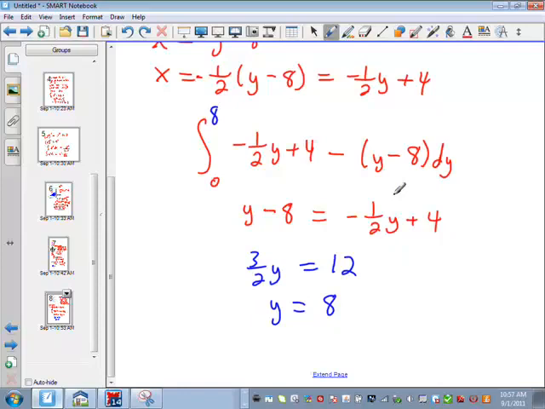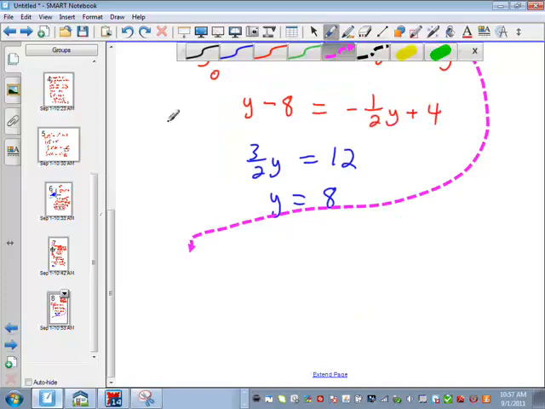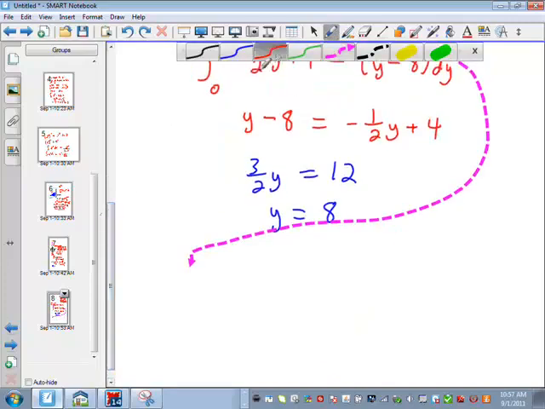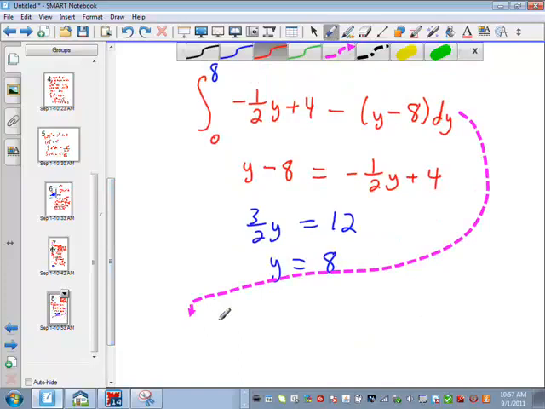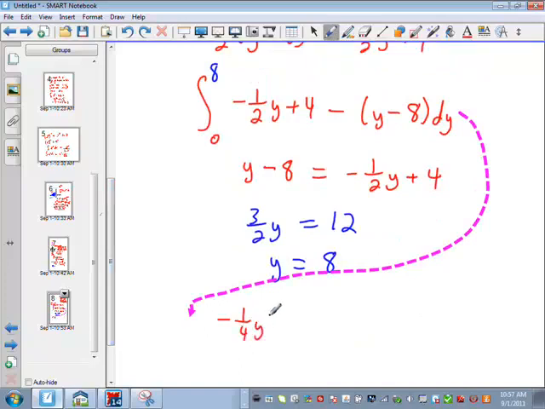And then, again, you should have no problem going through that. So by the fundamental theorem of calculus, this is equal to minus 1/4 y squared plus 4y minus 1/2 y squared plus 8y evaluated from 0 to 8.